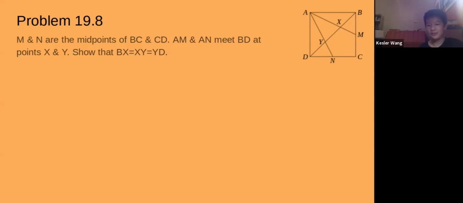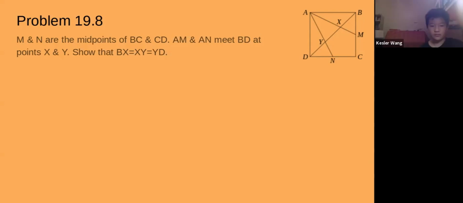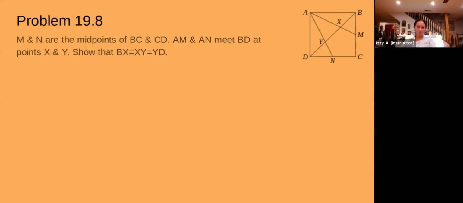I feel like you guys understand why BX is equal to XY, which is equal to YD. It's just a very long process. I don't think you have to be this detailed because the solution is actually 3 slides long.